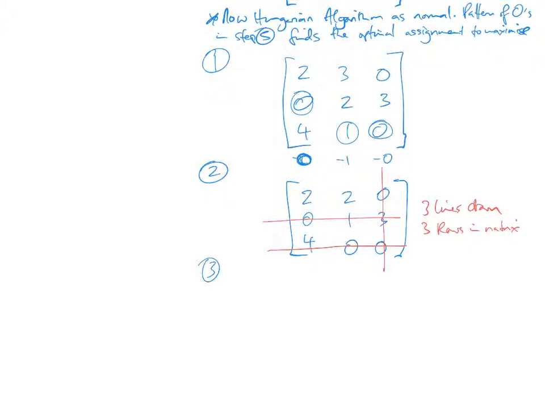So we can skip to step 5. I'm just going to write here, lines through zeros. We skip to step 5. There is no step 4 because we didn't have the issue where we've got fewer lines drawn than rows in the matrix. And we skip straight over to step 5 and find a pattern of zeros.